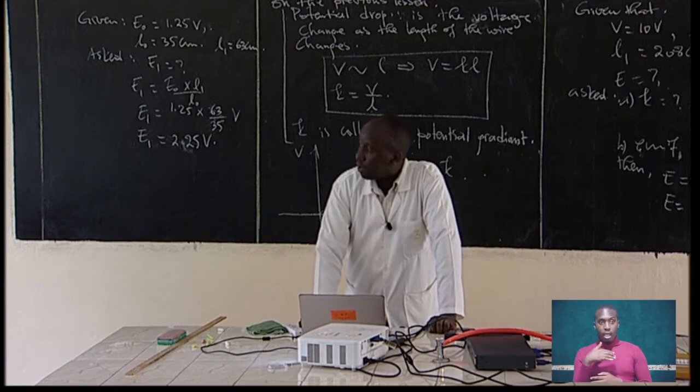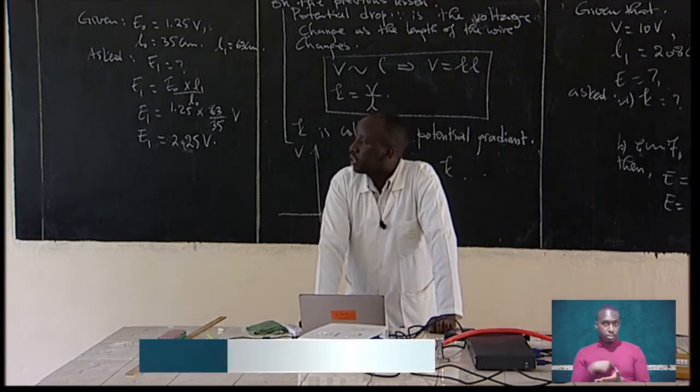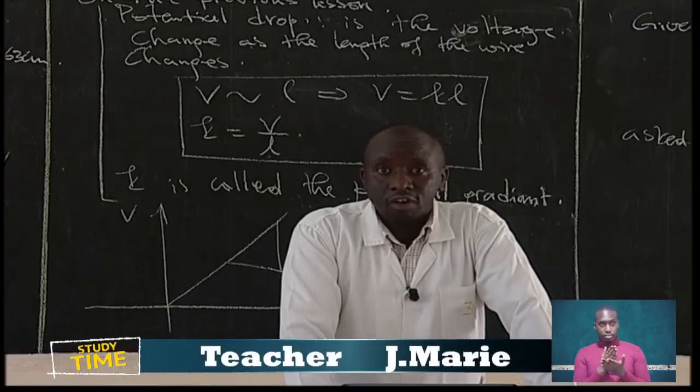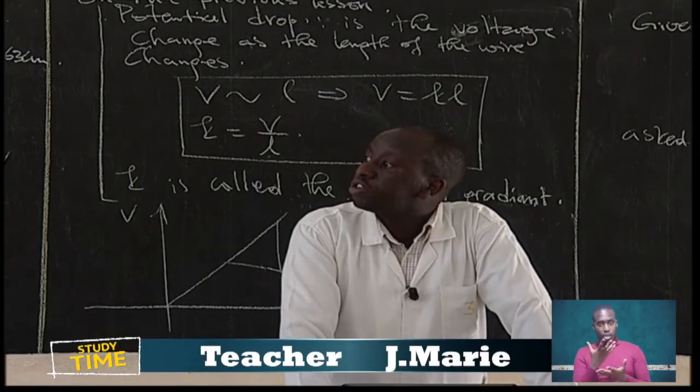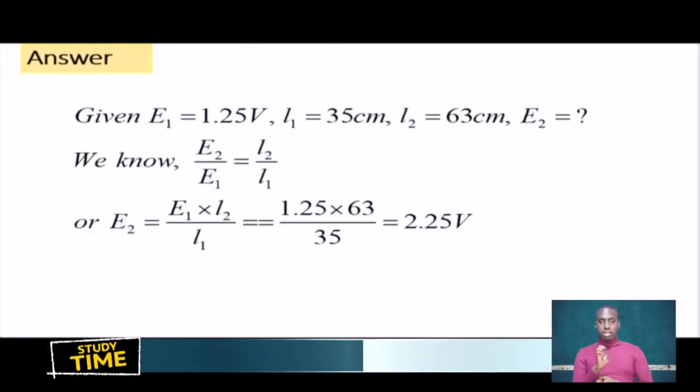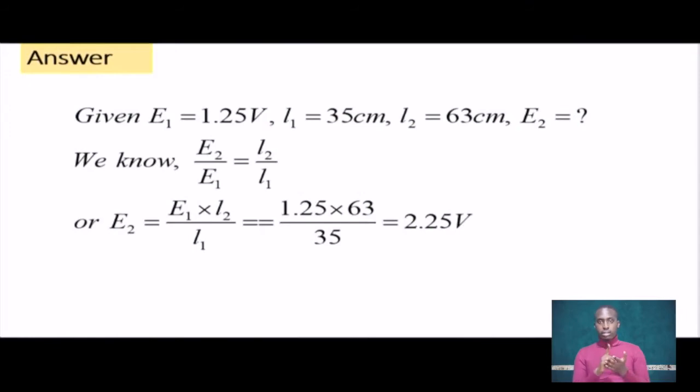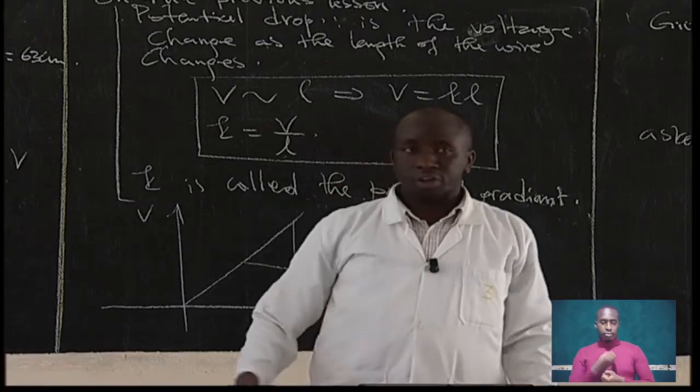So then if we look at the answer that I have prepared for you, we have E1. That is the data, and then we substitute it into the formula. Even if there I've said it is E2, we still have the similar formula that we are using. So then let's have a homework.